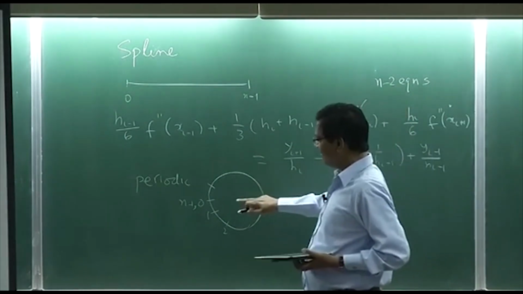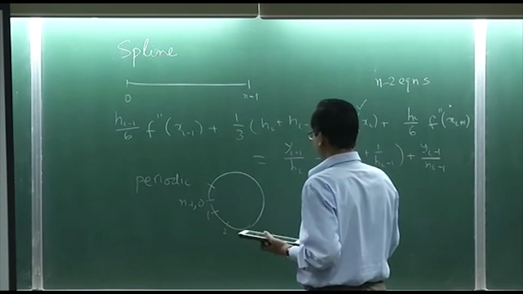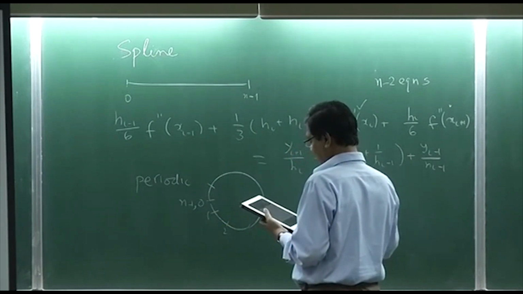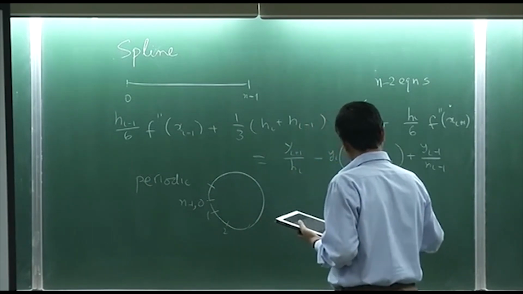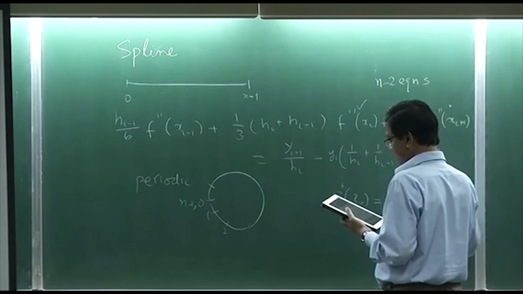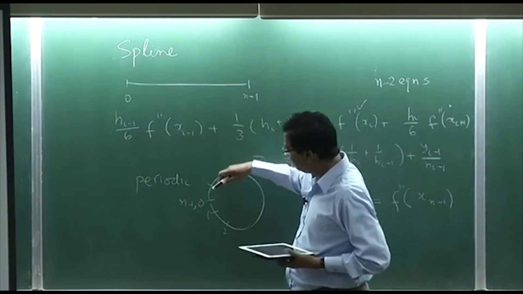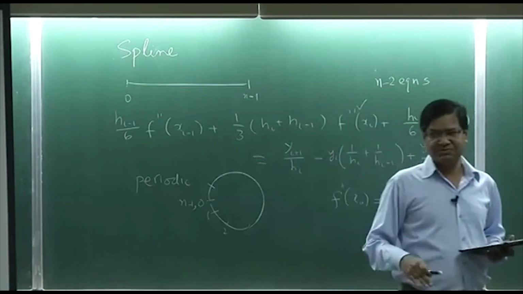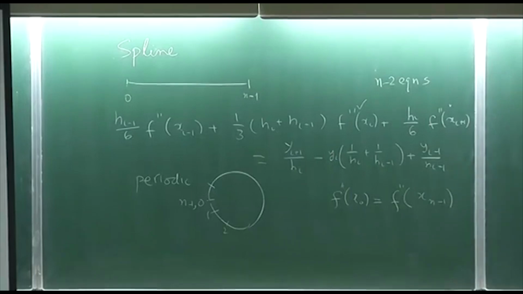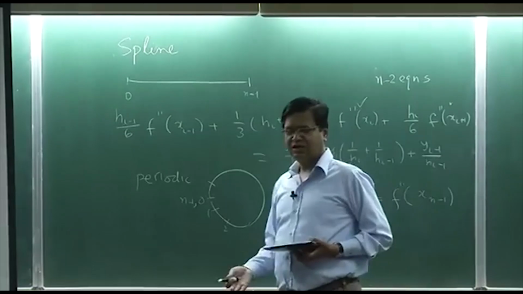So I just need to match the double derivative here. So what we want is f double prime x0 equal to f double prime x n minus 1. Well, they're the same point, but you have to take the double derivative from the left and from the right, and that is what we are assuming. So that will give you n minus 1 conditions, and we have n minus 1 unknowns, and you can solve it.